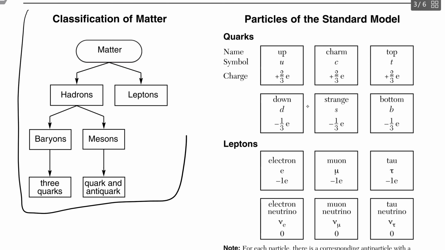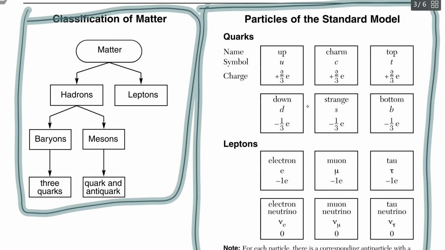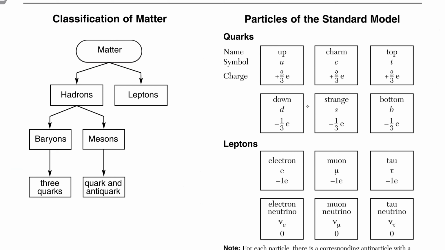All right, so we have this diagram and this table that helps to define the classification of matter. If you think back to your chemistry classes, try to think of the smallest constituent of matter that you could think of. You're probably thinking electrons, protons, neutrons. Those are what makes up everything else in the universe.